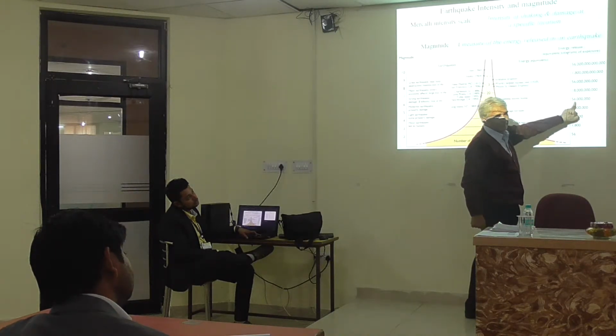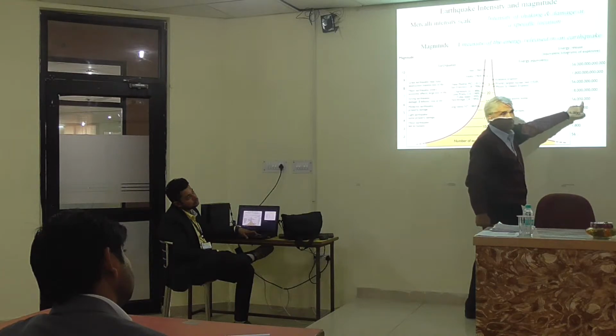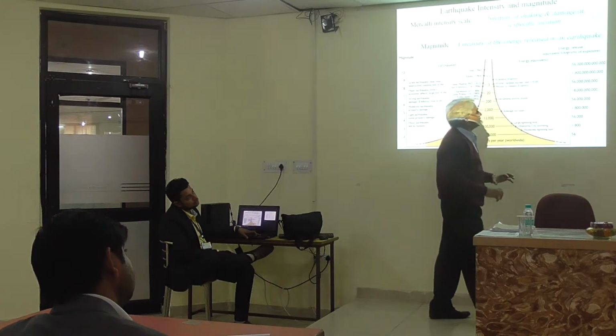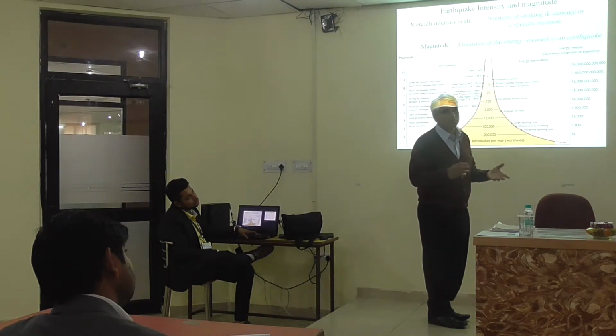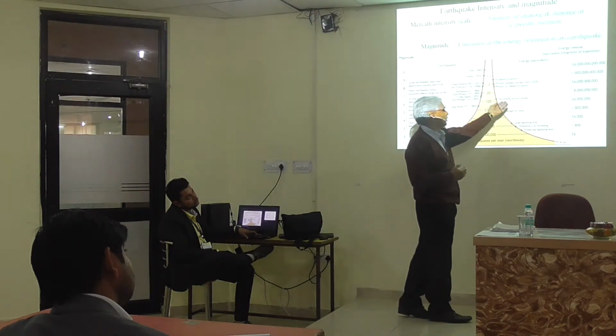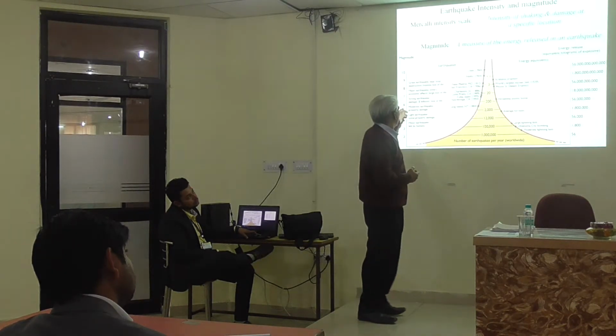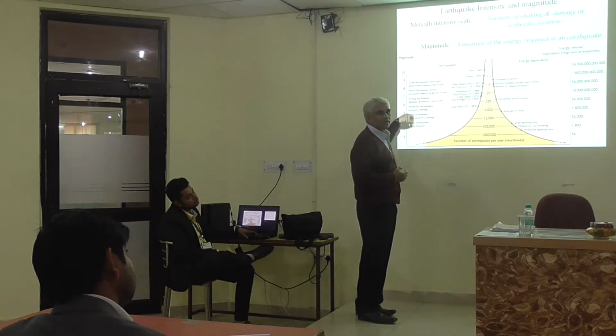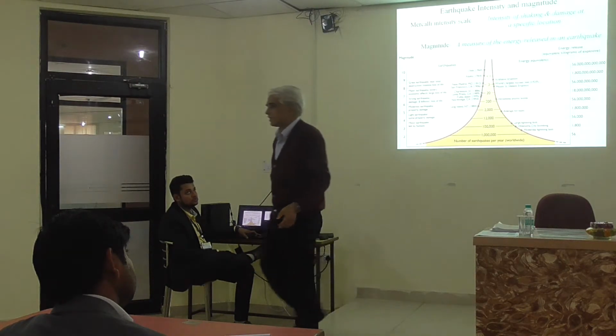This is it: 56 into 10 to the power 6 kilograms is the equivalent explosive. When it explodes, this much energy will be released, which is equal to an earthquake between 6 and 7. Okay, that's an idea.